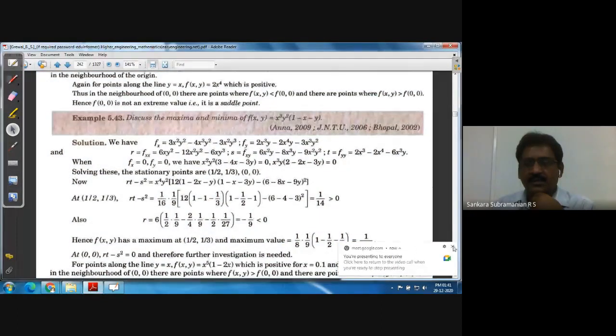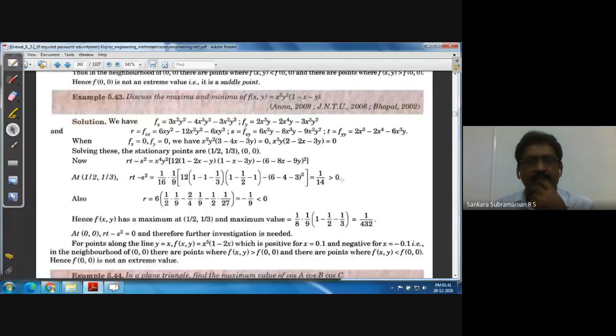So this is a worked out example problem. So we found that the stationary points are 1 by 2 comma 1 by 3 and 0 comma 0. RT minus S square was calculated, and it is 1 by 144 only.